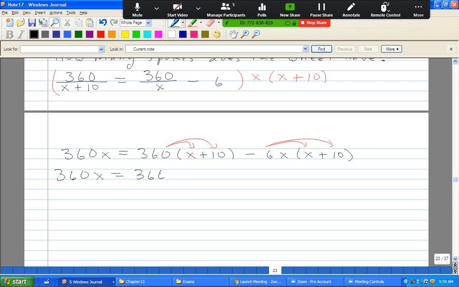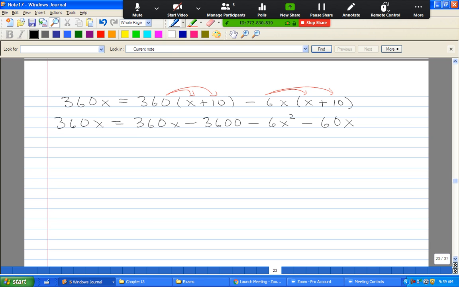And so I get 360x is equal to 360x minus 3600 minus 6x squared minus 60x. Combine like terms, and so I get 360x is equal to negative 6x squared plus 300x minus 3600.